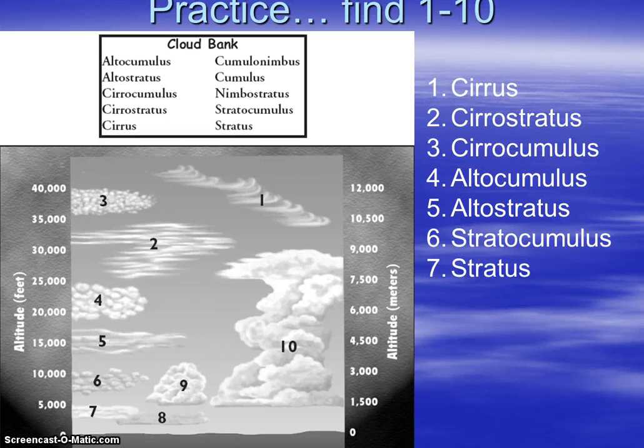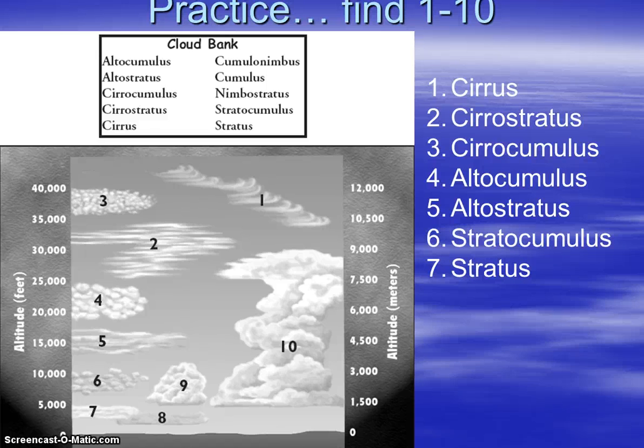Number 7. Now number 7, we're down into the low altitude clouds now, so we don't have any altitude prefixes. So number 7 is stratus, just a layered cloud.